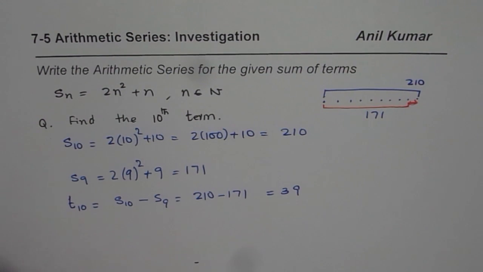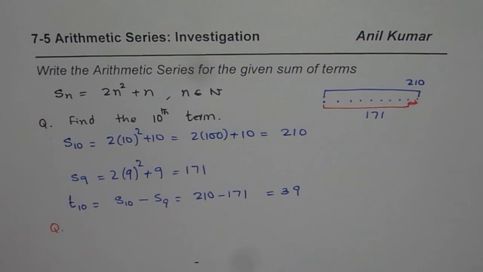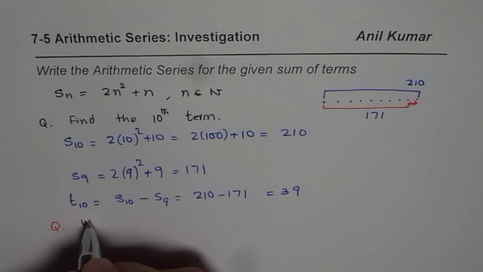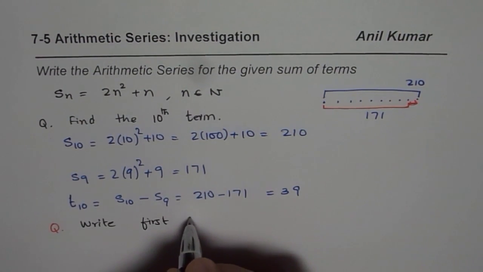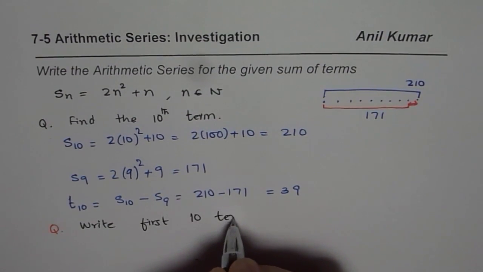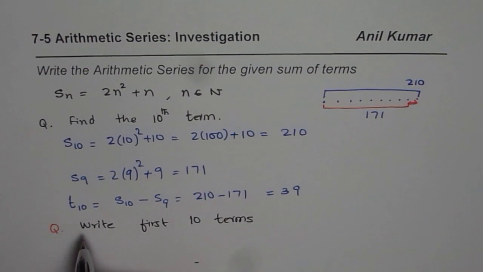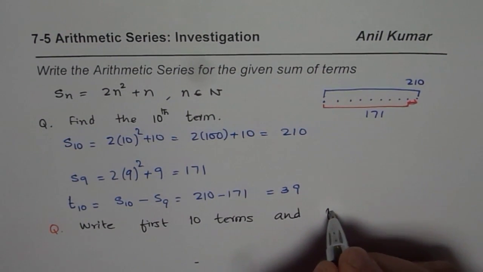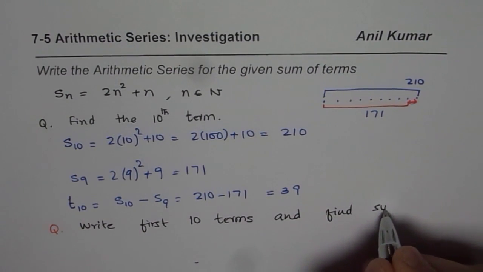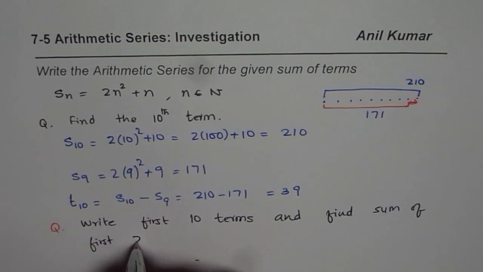Now, let me write down a question for you. We found one term, right? Write the first 10 terms of the same series, and find the sum of the first 20 terms.